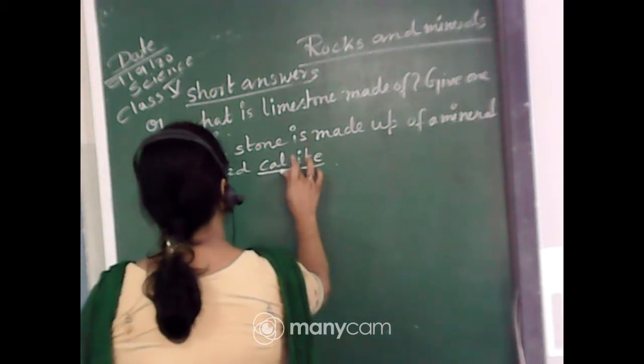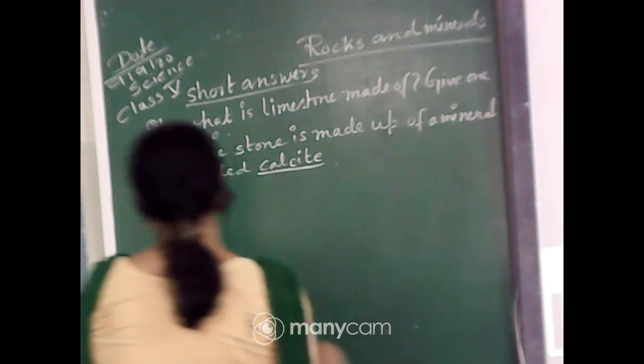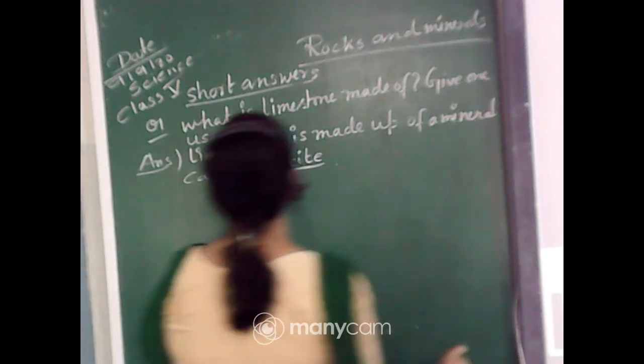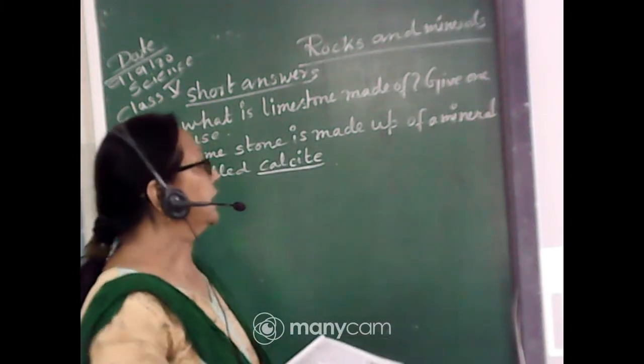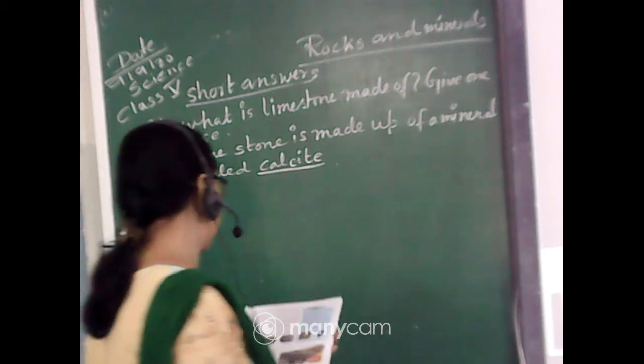You have to underline this calcite. The name of the mineral is calcite. Okay. So limestone is made up of a mineral called calcite.